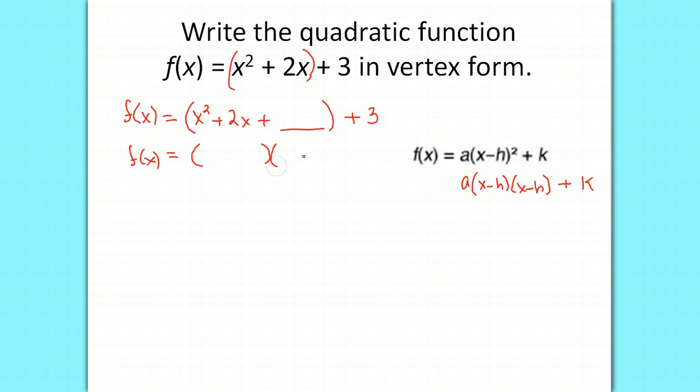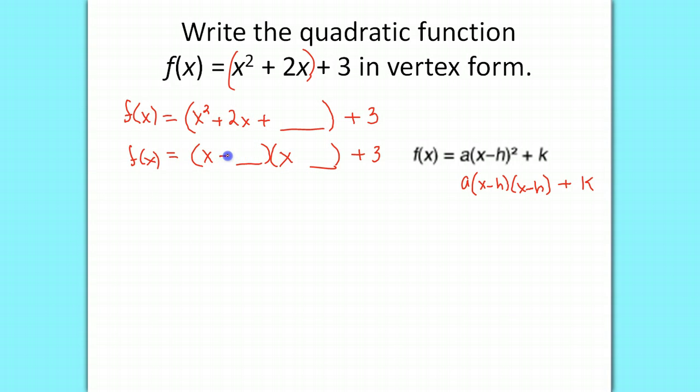So my second step here, once I figure out what that number is going to be, is to factor this parenthesis into two parentheses. You're going to have the same thing in each if you do it correctly. So we're going to have x blank, x blank, and whatever's in this blank and this blank should be the same. So we want to think of a number where, if we have the same number here, it's going to add up to 2.